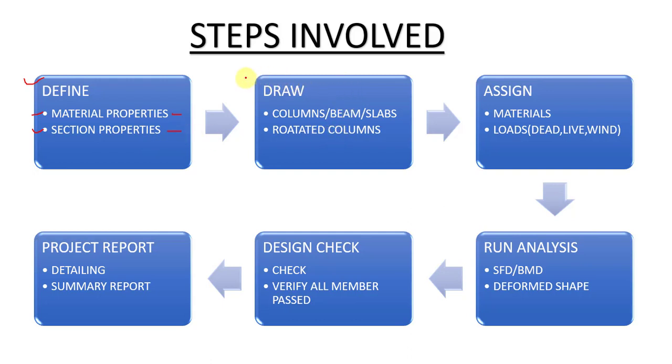After defining, we will draw the columns, beams, and slabs with the help of the grid. After modeling, we will assign materials and loads. The loads and materials are assigned to the building sections that have been drawn. After assigning, we will run the analysis.